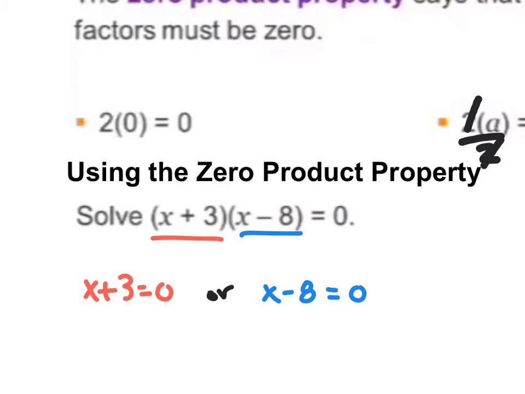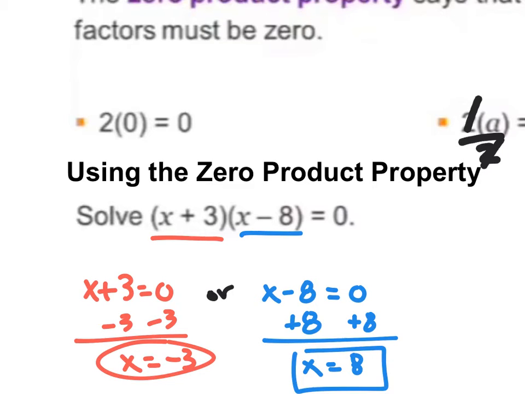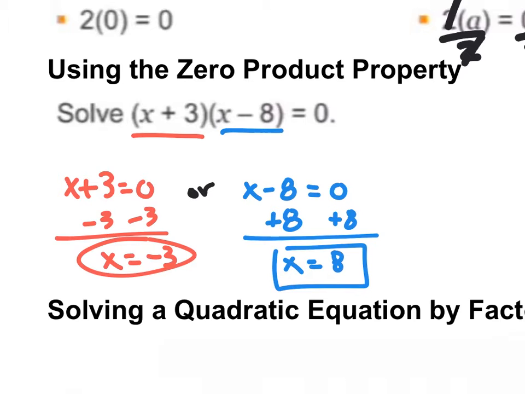So I set both of them equal to 0. I'm going to go ahead and solve both of these. I'm going to subtract 3 from both sides, and I get that x is equal to negative 3. Or on this one, I'm going to add 8 to both sides, and I get that x is equal to positive 8. So these are my solutions.